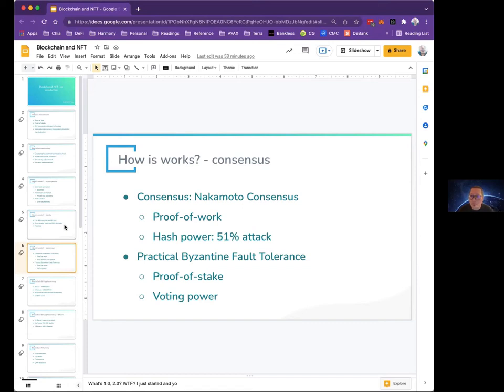Of course, the real algorithm is more complicated. Most proof of stake blockchains use a computer science algorithm called PBFT, practical Byzantine fault tolerance. Each of these topics could be a long lecture, so I won't cover too much detail here, but just give you an overview of what the entire topic is about. Okay.